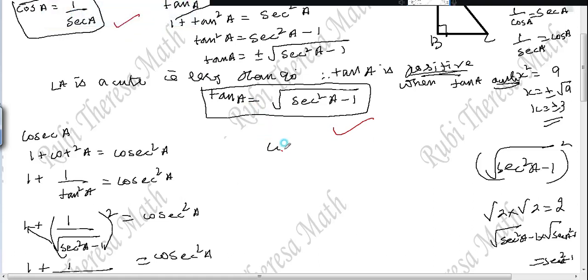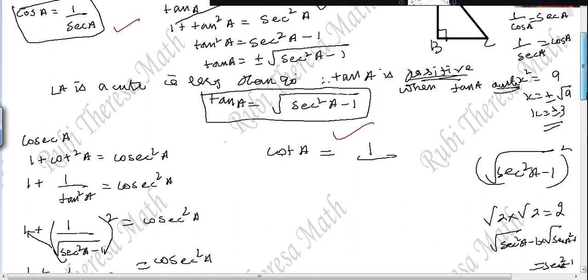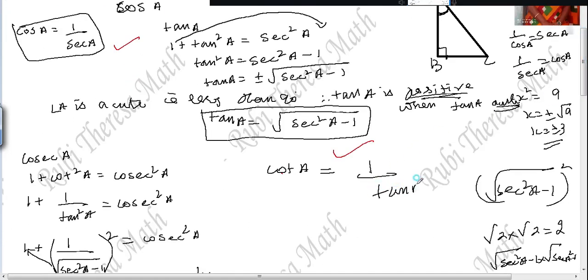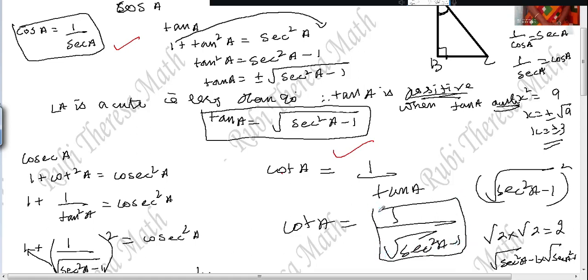So cot A is 1 by tan A, isn't it? That is cot A equal to 1 by root of secant squared A minus 1. Do you follow? So this is one.